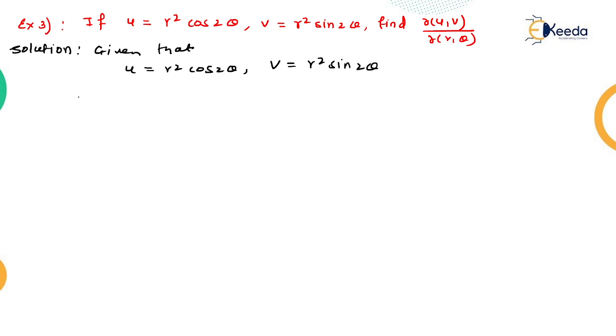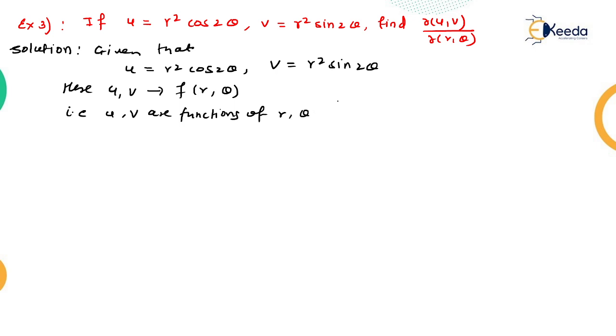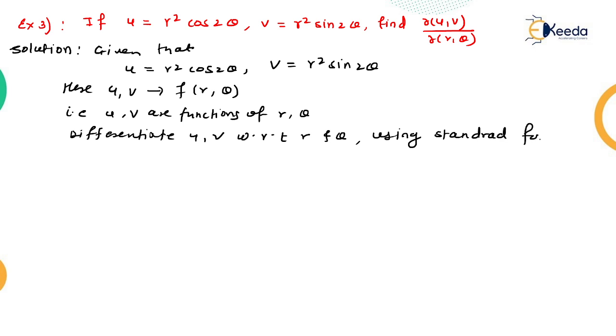If u and v are functions of r and theta, that's why we have to just differentiate u, v with respect to r and theta using the standard formulas of derivatives.